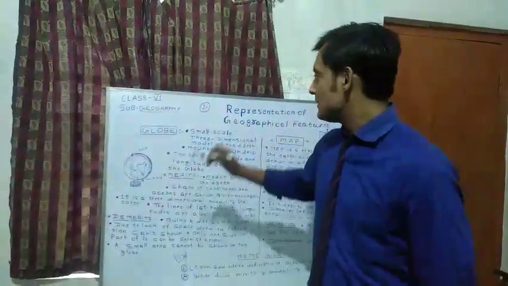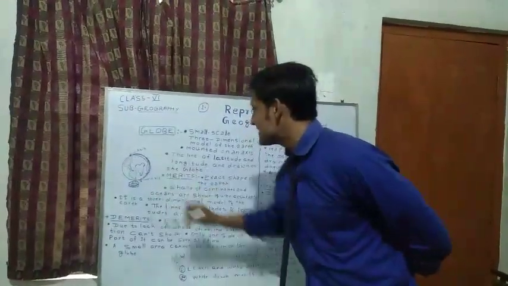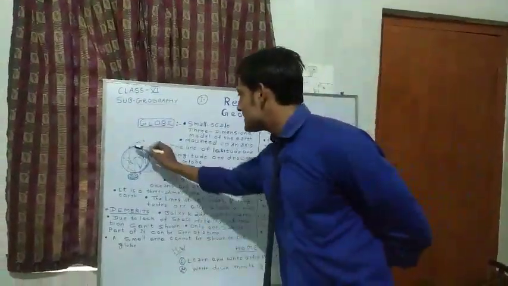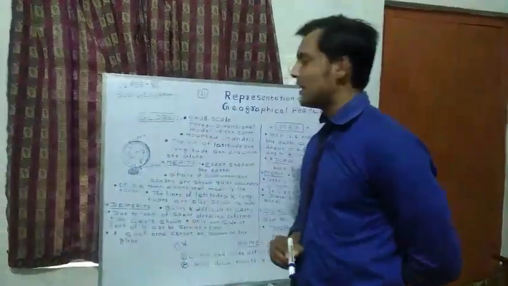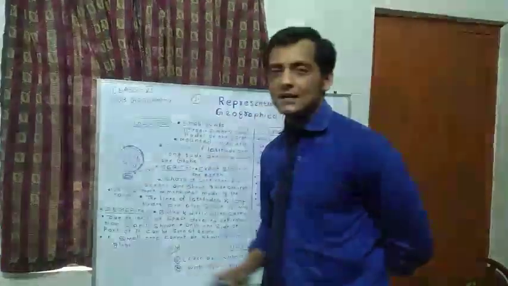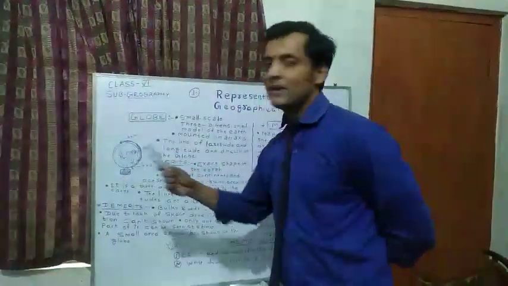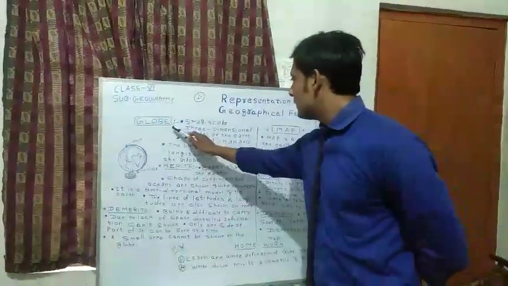You can see there is a globe which is mounted on an axis. Now what is an axis? An axis is an imaginary line. Actually there is no such axis in reality, but we make an axis in order to rotate it freely.